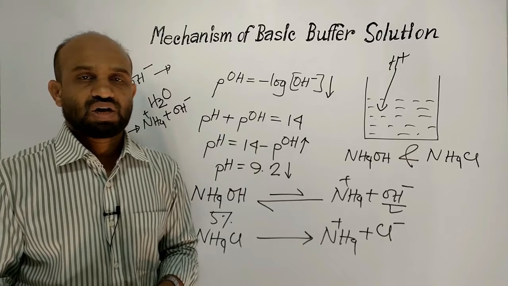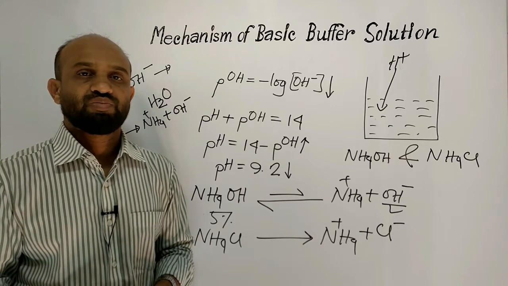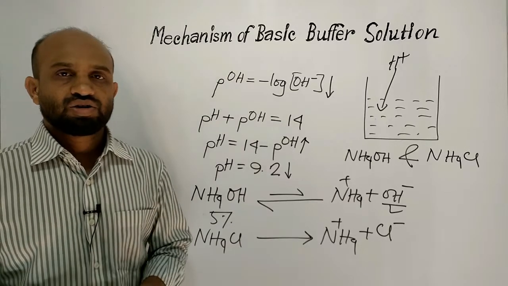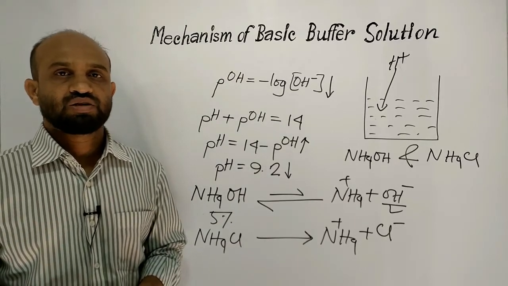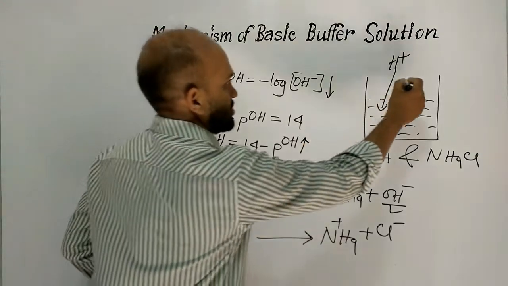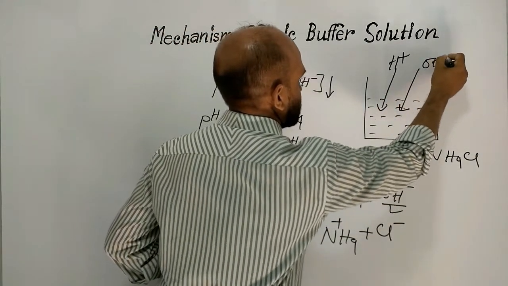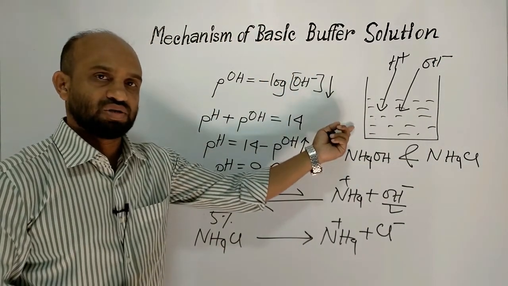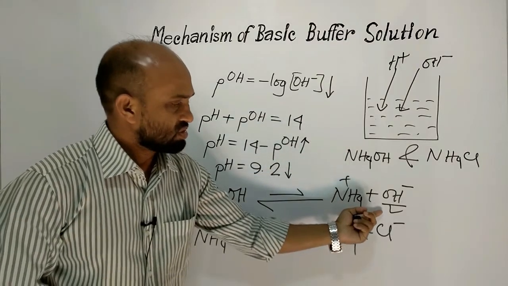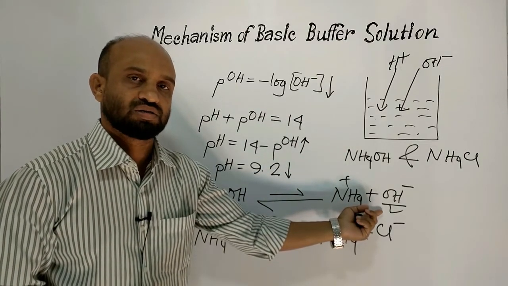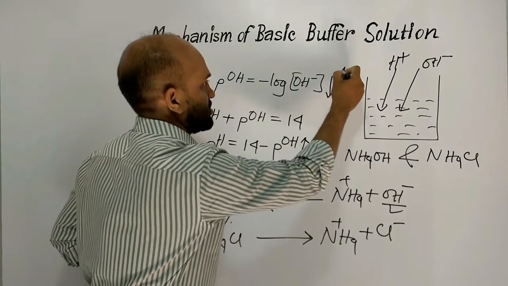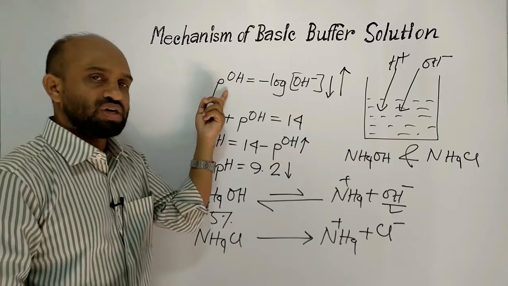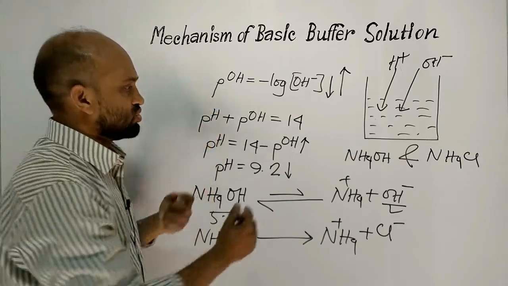Now let's see what happens when small amount of base is added to the basic buffer solution. Addition of base to basic buffer solution. When base is added, then concentration of hydroxide ion is supposed to increase, and ultimately pOH value is supposed to decrease.